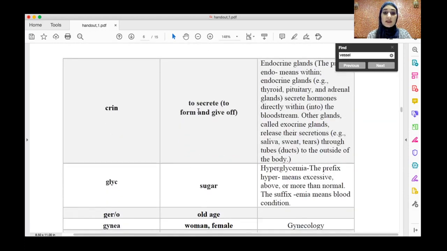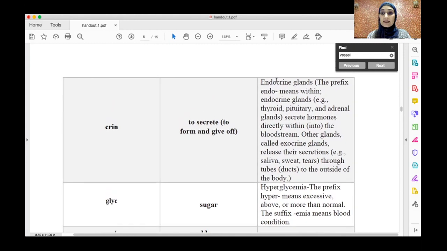Kren means to secrete, to form and give off. So when we say endocrine glands, the prefix endo means within. So endocrine glands secrete hormones directly within the bloodstream.